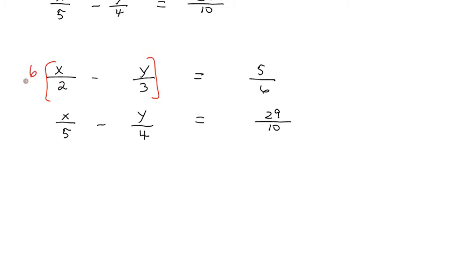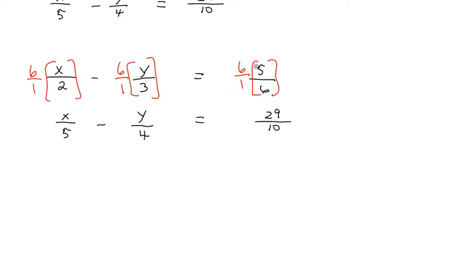I'll write that as 6 over 1 since we're dealing with fractions. I'm going to distribute the 6 through, hitting both of these terms. I'm going to take 6 times x over 2, and then 6 times y over 3. And of course, what you do to one side, you have to do to the other.